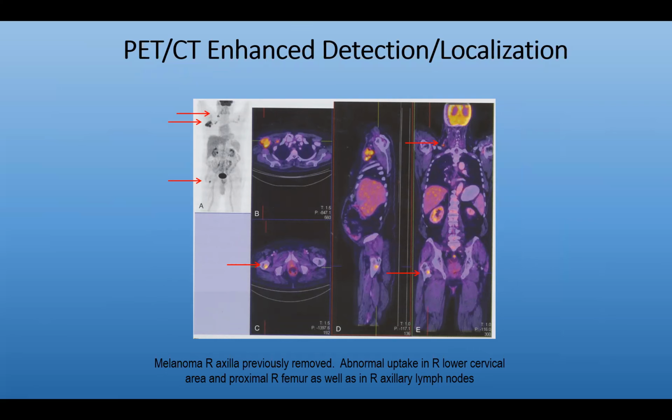And then there's also this little spot down here in the proximal right femur. And there may also be some nodes in the axillary region as well. So again, PET is able to identify a number of abnormal lesions throughout the body that may have been missed otherwise.